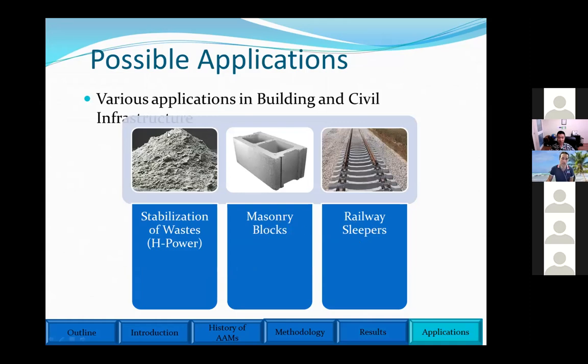And for the waste material that doesn't have anything good in it, you can just put it inside the alkali activated concrete and make sure that it is encapsulated, trapped inside the concrete, and is not going to leach out. We can do it with alkali activated concrete.